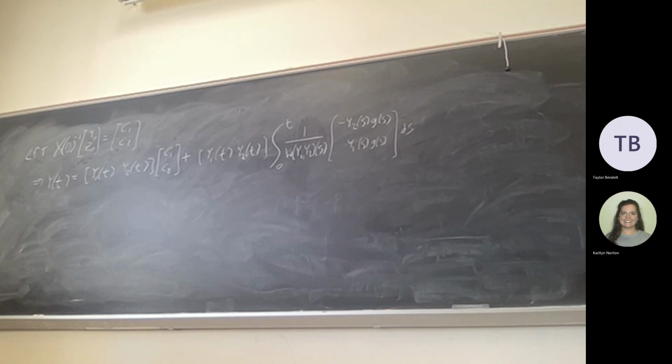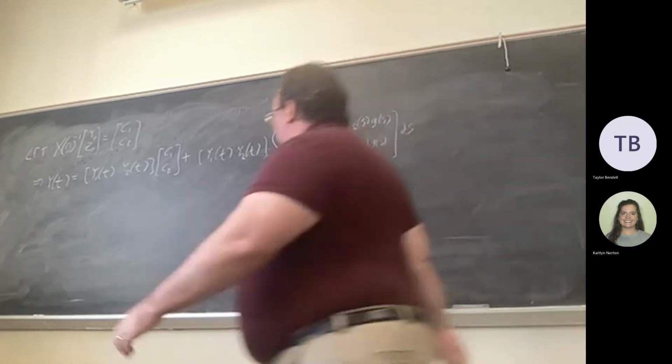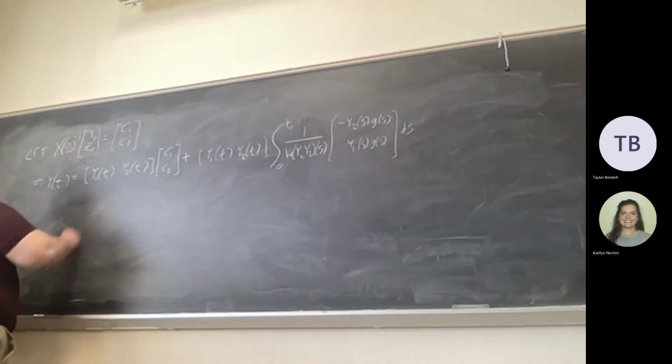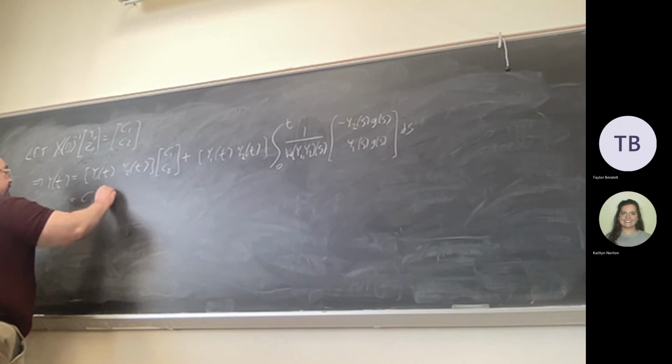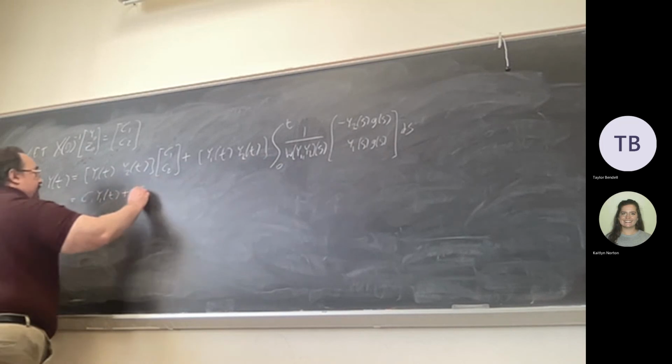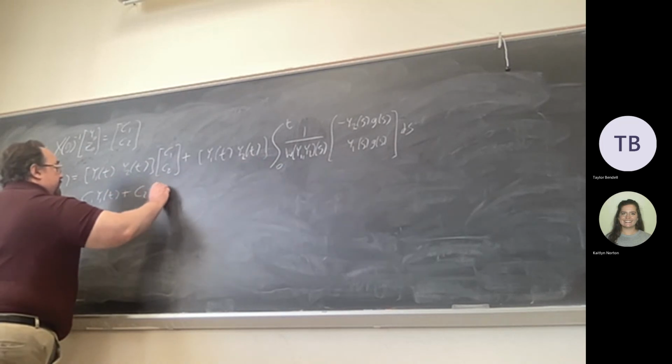So now I want to eliminate all traces of linear algebra from this, and write it out like it would appear in an ODE class. So you get C1 y1 of t plus C2 y2 of t.